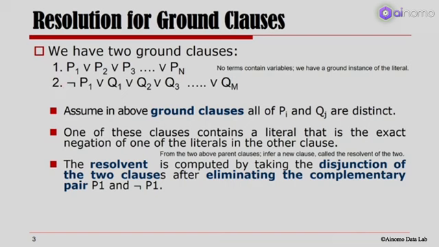Suppose I have two clauses, and there is a literal phi in my first clause and a literal not psi in my second clause, such that these two literals phi and psi have a most general unifier gamma.